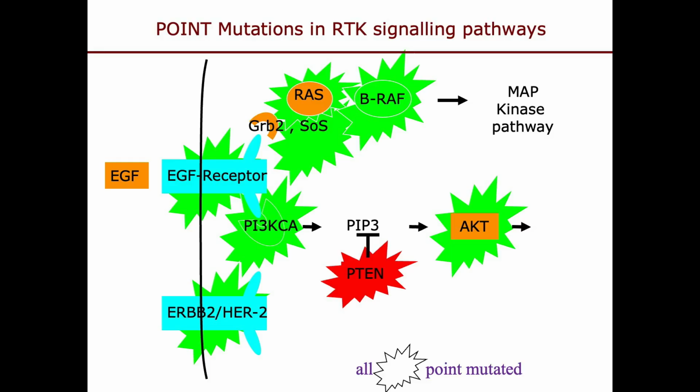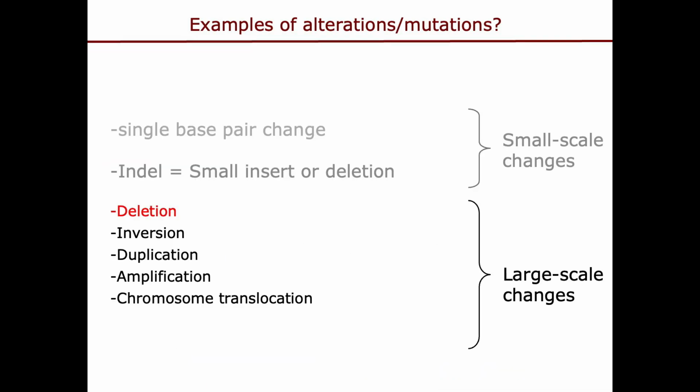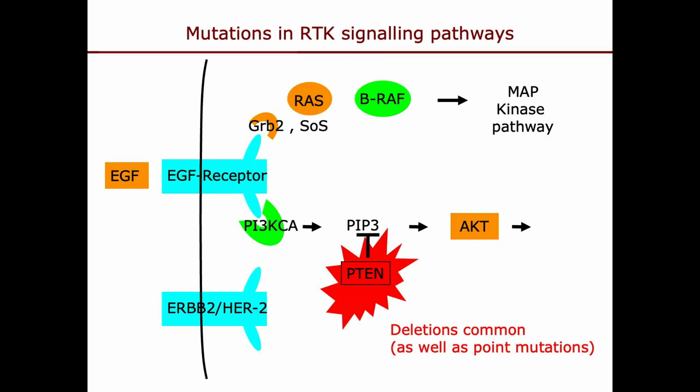Thinking about other kinds of mutation, the structural mutations, deletion is a good example, and PTEN will suffer deletions. It's a gene that has to be inactivated in cancer, and so deleting it altogether, or part of the gene, is a common kind of mutation.